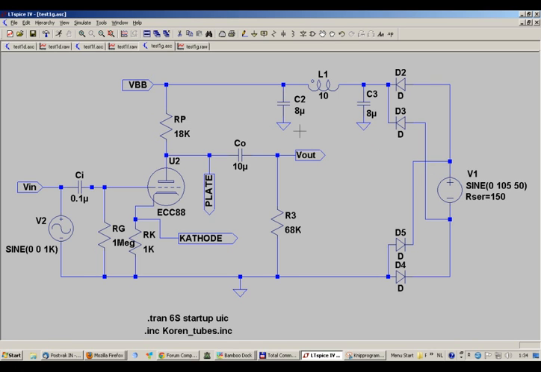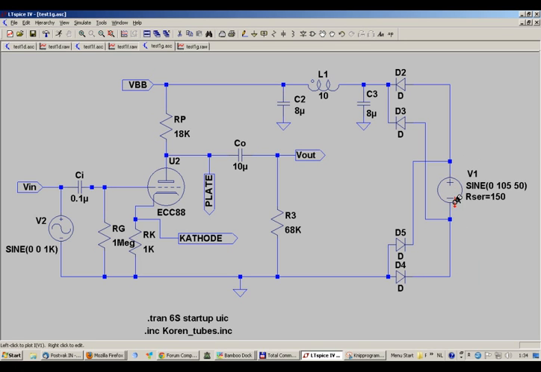So in this circuit you see I have added a power supply, which is a copy of my test power supply I will use for the practical demonstration.